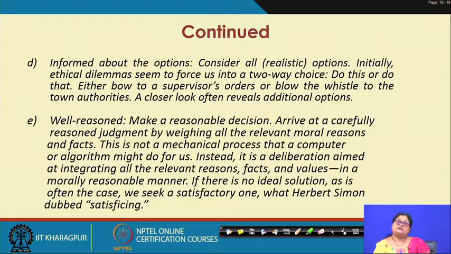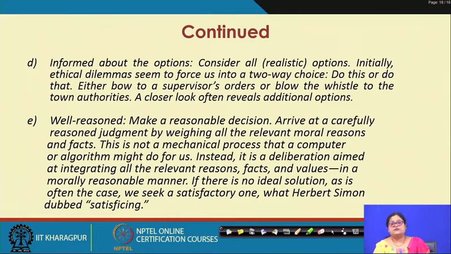The next step is being well reasoned: make a reasonable decision, arriving at a carefully reasoned judgment by weighing the relevant moral reasons and facts. This is not a mechanical process that a computer algorithm might do for us.